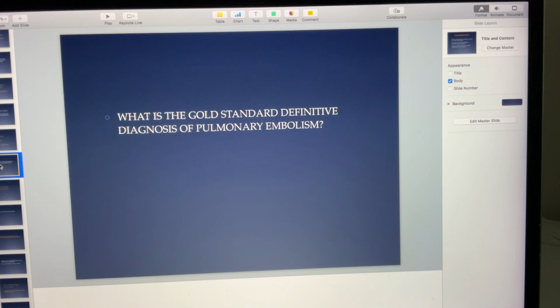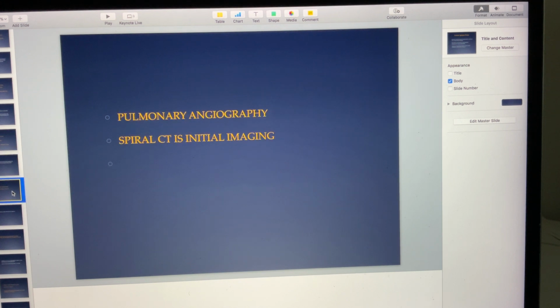The one that is mostly available. But this question is asking what is the definitive diagnosis, the gold standard of pulmonary embolism. The answer to that is pulmonary CT angiography. So like I mentioned before, when you suspect that a patient has pulmonary embolism, you can start with spiral CT. But the gold standard is pulmonary angiography.